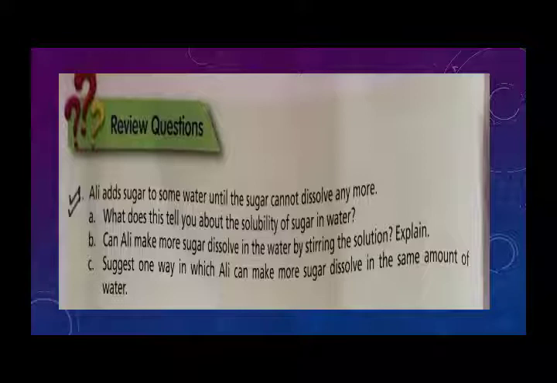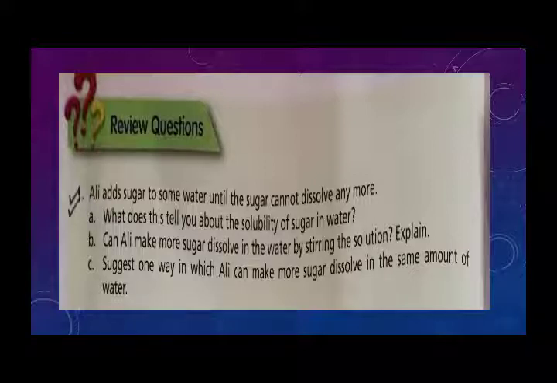And the next part is, suggest one way in which Ali can make more sugar dissolve in the same amount of water. Now you are going to tell us the way to increase the solubility for that particular quantity of sugar.